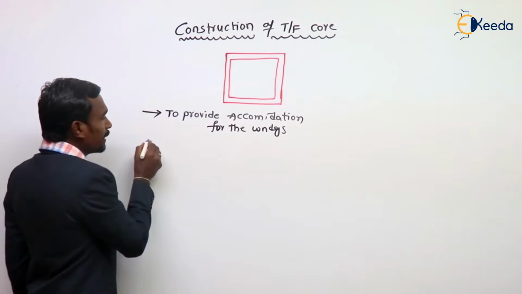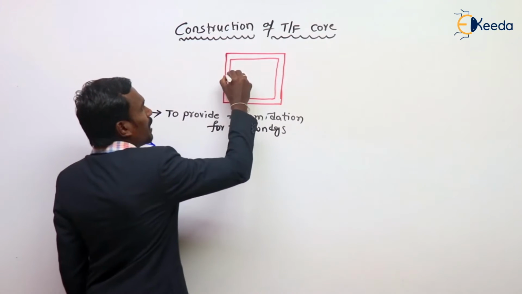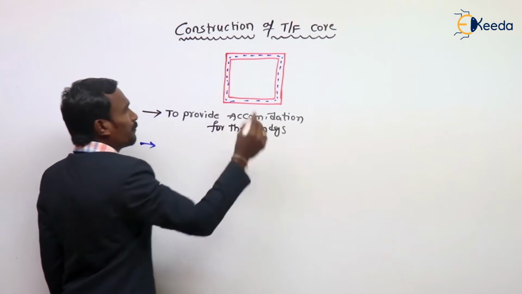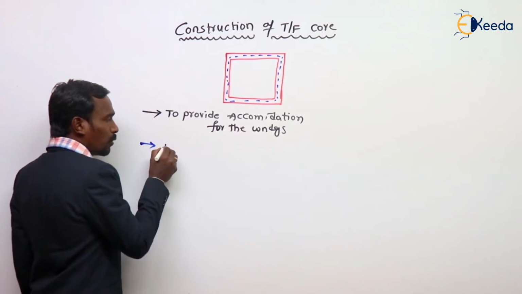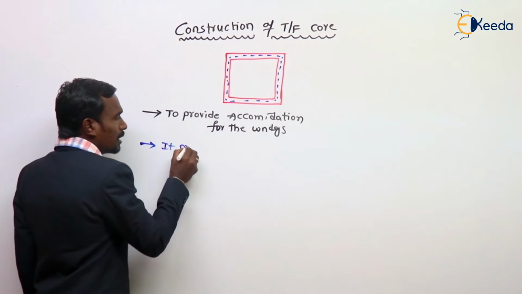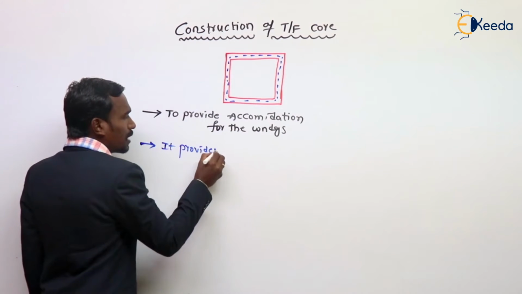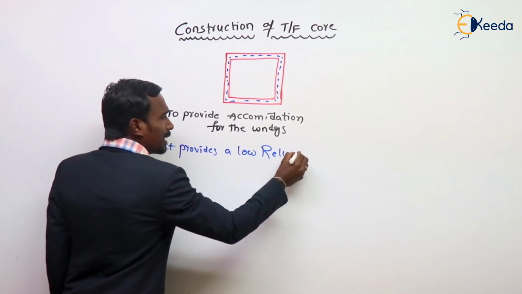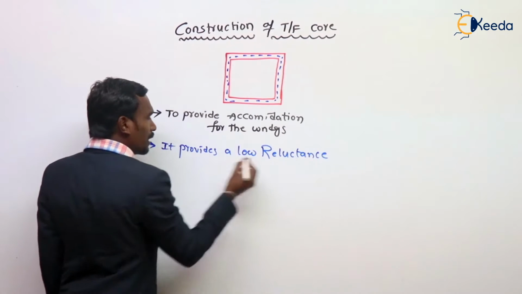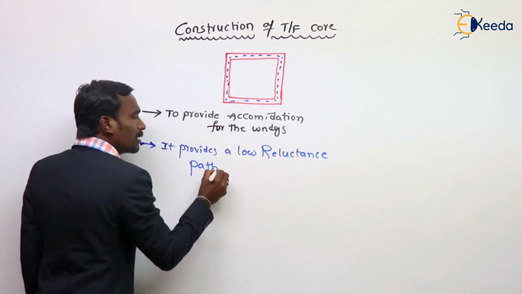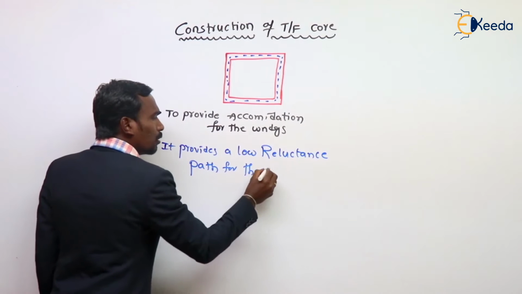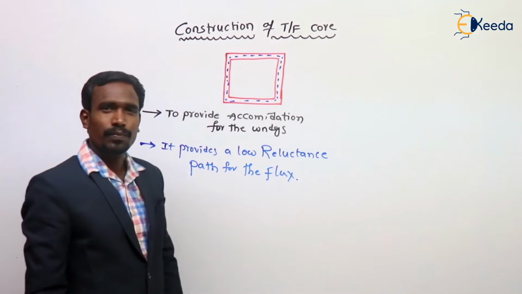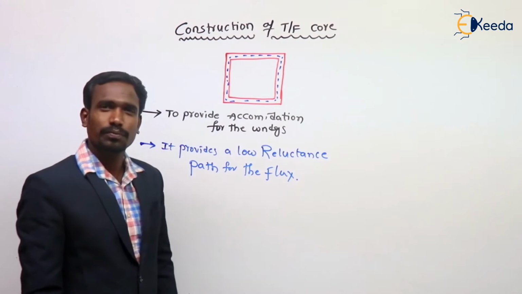The next very important thing is that the transformer core provides a low reluctance path for the flux. This is the purpose of the transformer core.